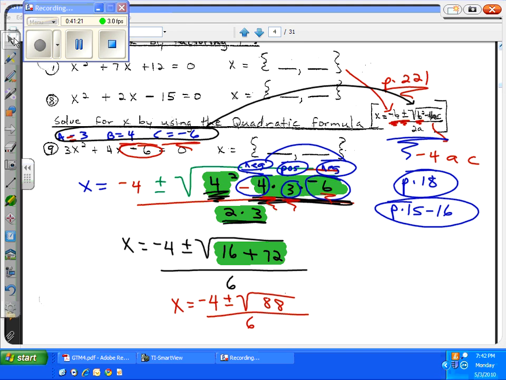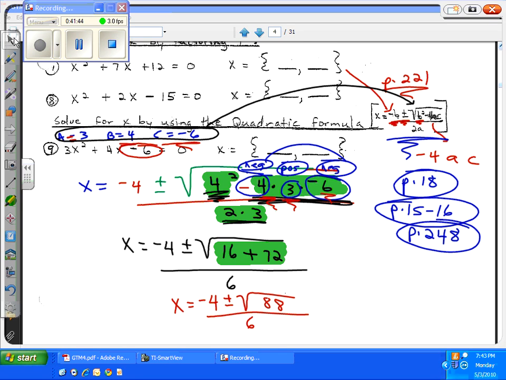That's on page 15, 16 of chapter 1. We go over this again in chapter 9 on about page 248. It shows up again in chapter 9 of the Algebra 1 text on page 248.